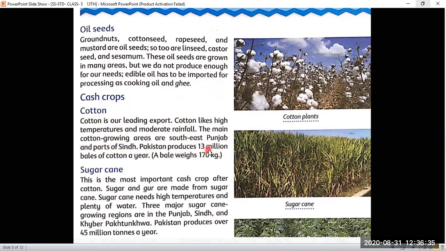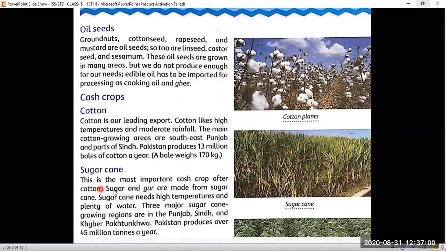Pakistan produces 13 million bales of cotton a year. One bale weighs 170 kilograms.